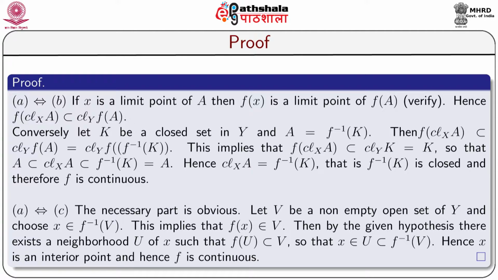Now, let us consider f is continuous at each point x belongs to capital X. Let V be a non-empty open set of Y, and let us choose some x belongs to f inverse V. This implies that f(x) belongs to V. Then by given hypothesis, there exists a neighborhood U of x such that f(U) is a subset of V. This implies that x belongs to U subset of f inverse V. Hence, x is an interior point and hence f is continuous.